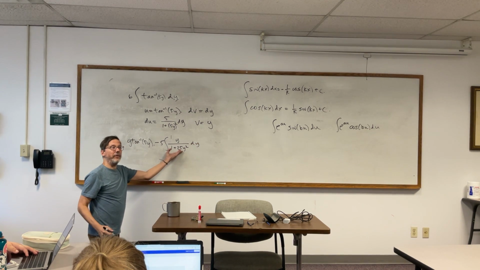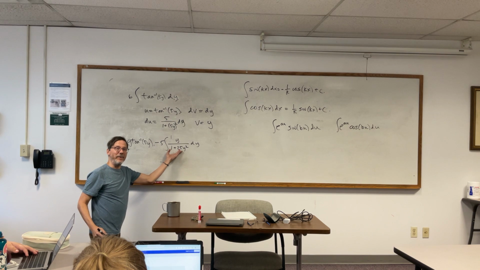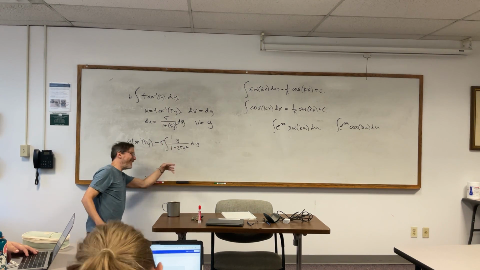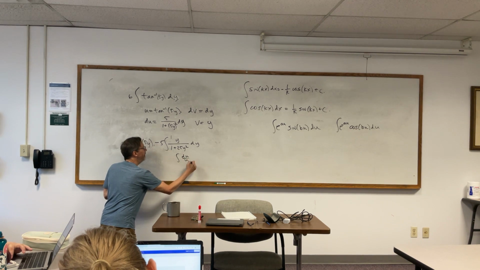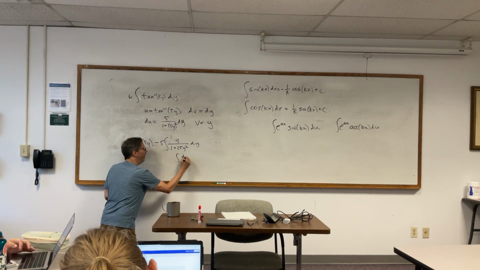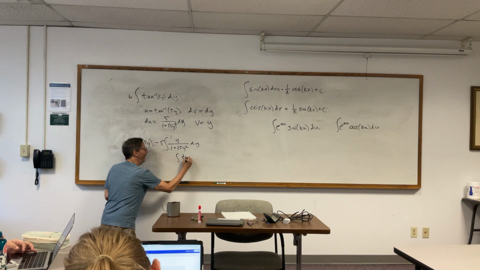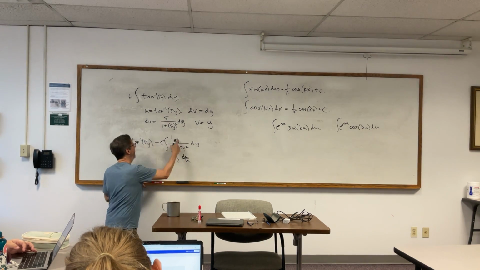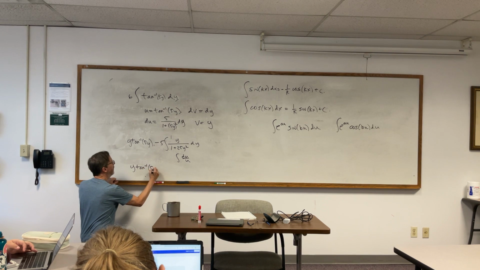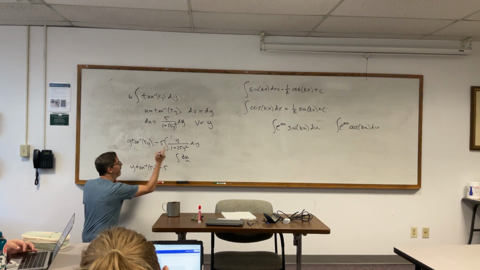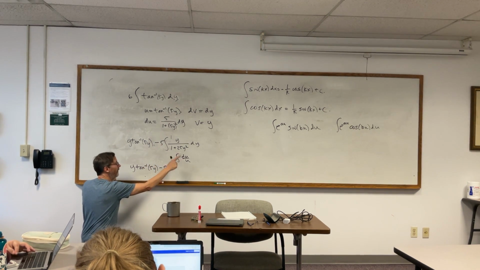That's a natural log form. Let u be the denominator, and a little tweaking here and there. So this is just the form du over u. Lots of u's going around, but that's a natural log form.